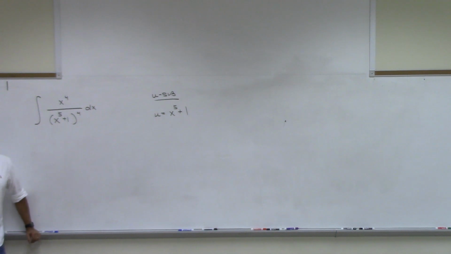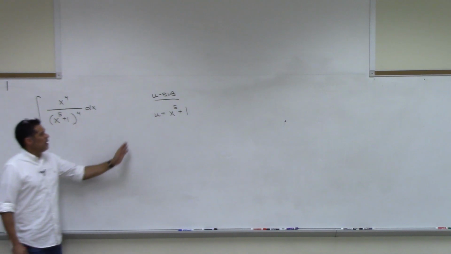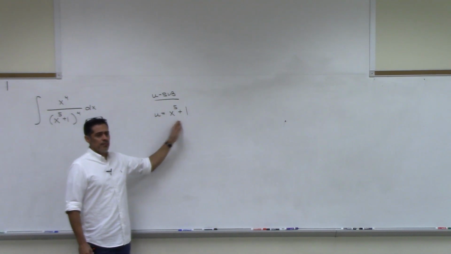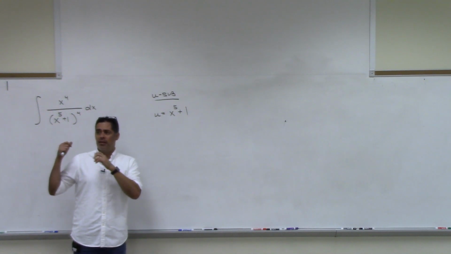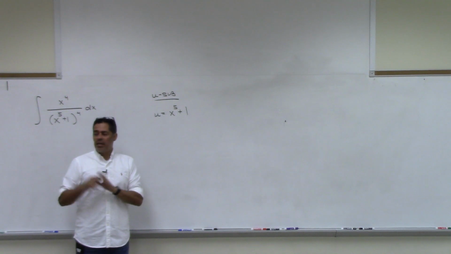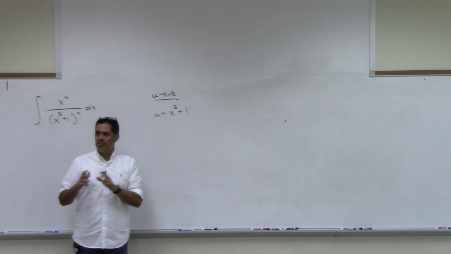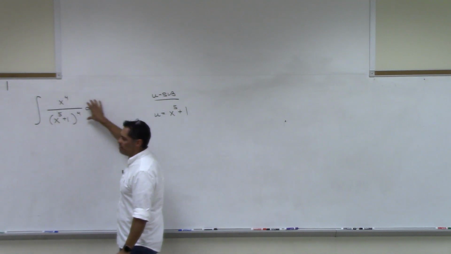So to find u, does the derivative of what you have for u have to equal either the denominator or the numerator? Whatever you choose for u, its derivative has to appear somewhere here. It could be off by a constant, but it needs to be somewhere that you can move it off to the side.